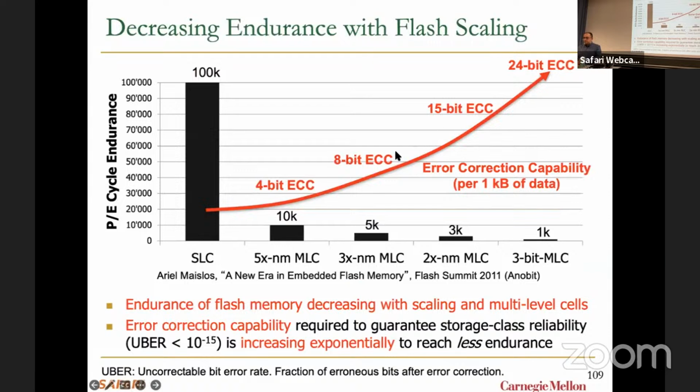And in order to provide reasonable lifetime, you need to add more ECC. You need to make your ECC more powerful. So endurance of flash memory decreases with scaling and multi-level cells, and error correction capability is required to guarantee storage class reliability, which is the uncorrectable bit error rate.